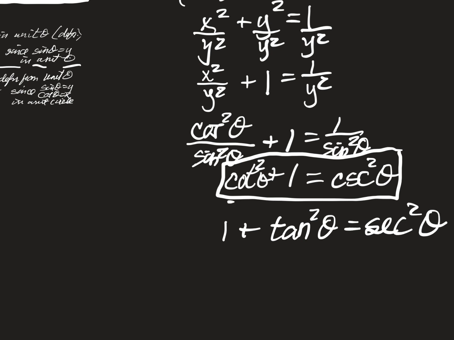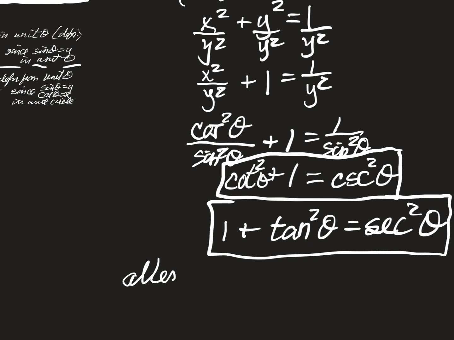And that is our last Pythagorean identity. So there are only 3 of them, and you should know them. We use them all the time, okay? Now, I want to show you sort of an alternate way to write these, okay? There are alternate ways to write.